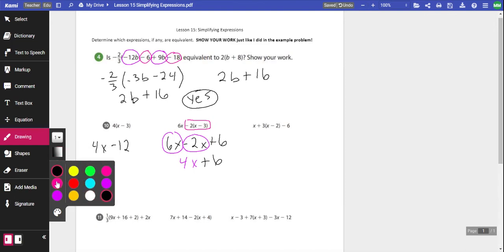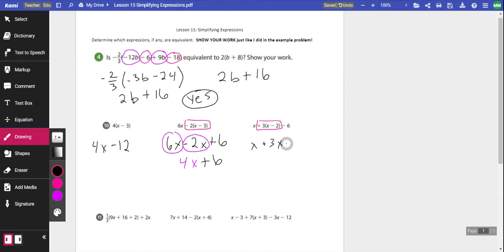So again, I'm going to start with distributive property because the like terms aren't inside the parentheses. And so I still have my x that's outside. Then 3 times x would be 3x. And then 3 times negative 2 would be negative 6. And then I still have another minus 6 from the problem.